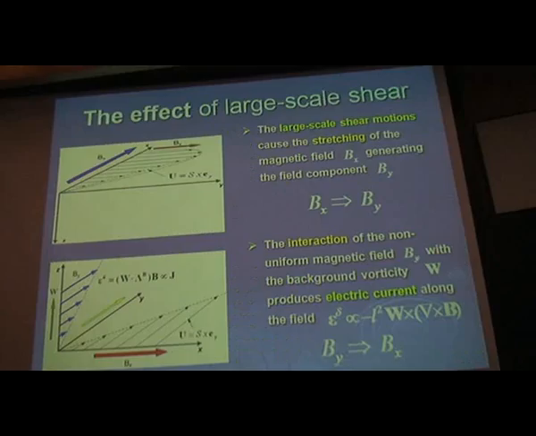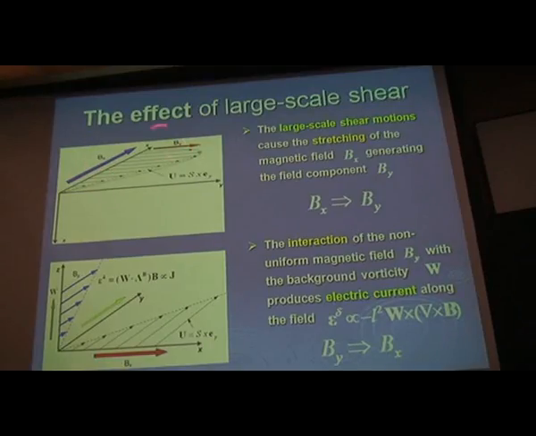So how does this effect work? If we have shear flow in the y direction, homogeneous in the x direction, then the x component of the magnetic field is stretched, which causes generation of the y component.